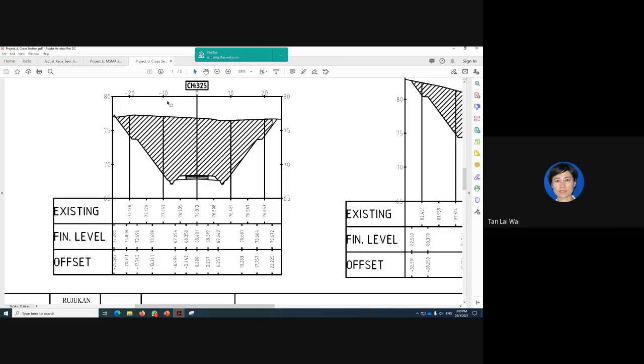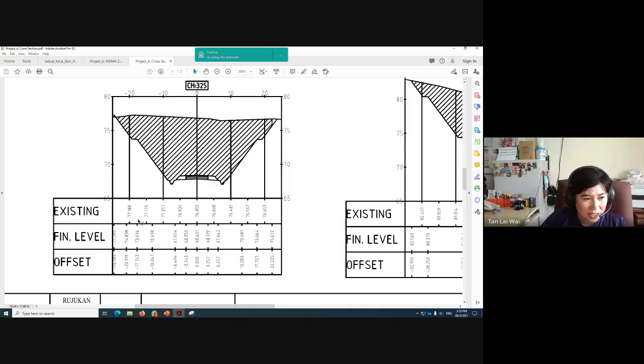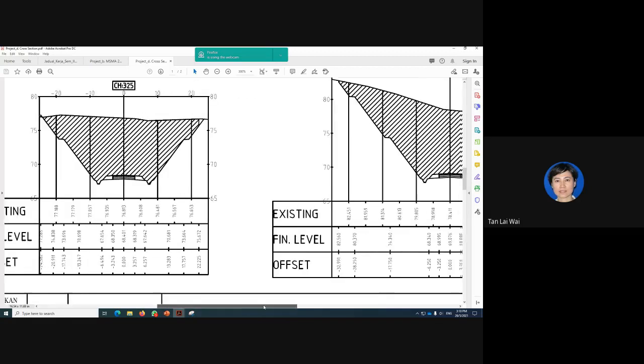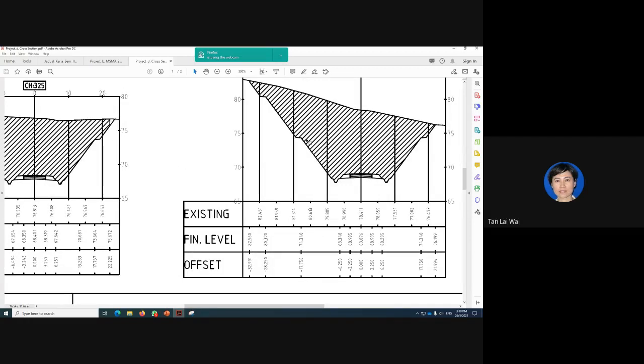Offset to the left is negative, offset to the right is positive. So let's look at this bench drain here. The invert level, we are just reading from the finish level, is 73.69. Now, this is the corresponding bench drain and not this one.